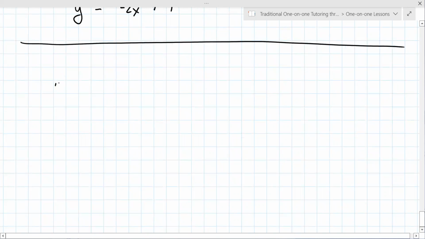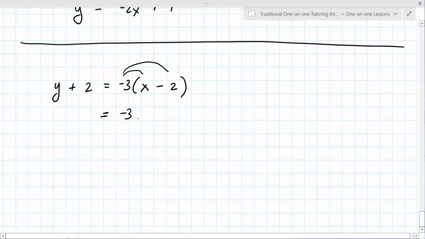So let's do another one here. How about y plus 2 equals -3x minus 2. The first step is to take this -3 and distribute it in to this right here. What would it be? Okay, so -3 times x would be -3x. Okay, good. Then -3 times 2.